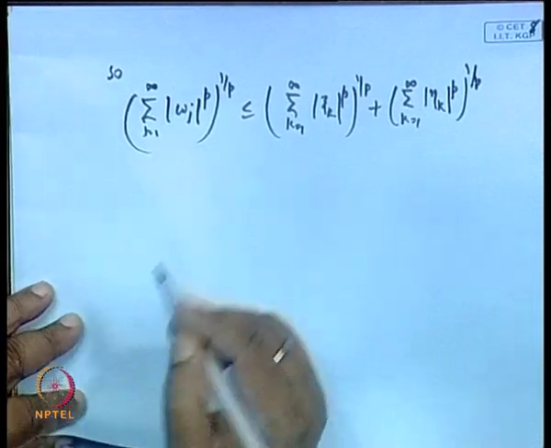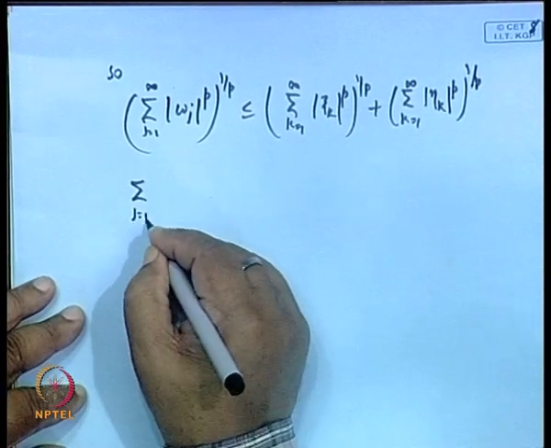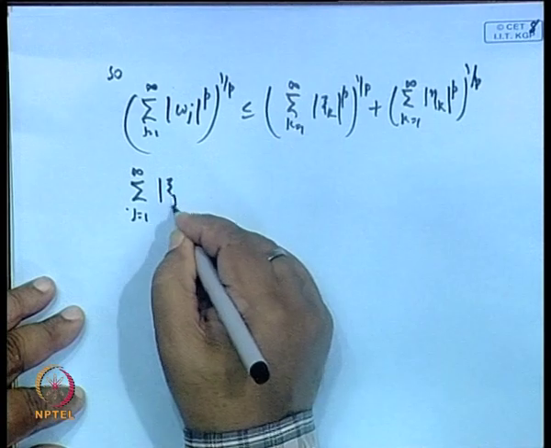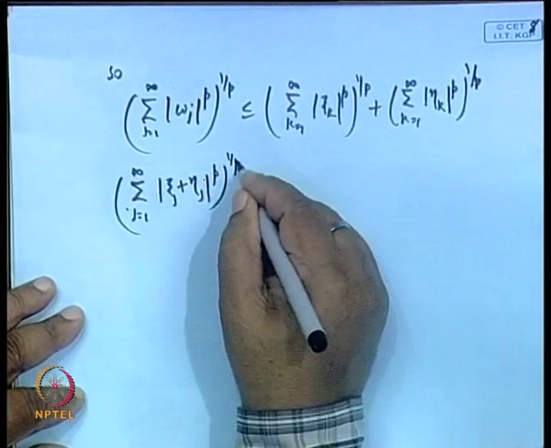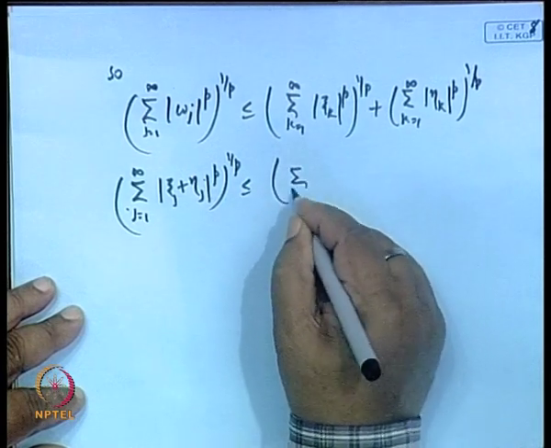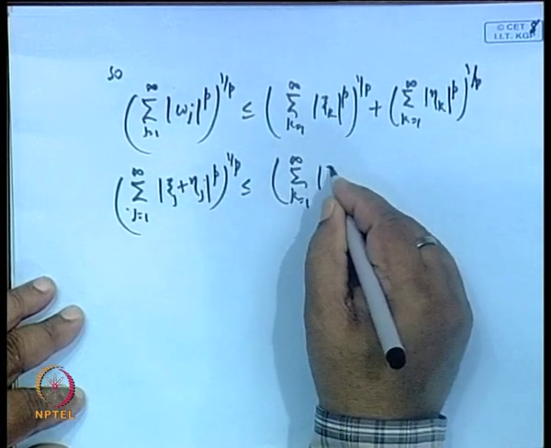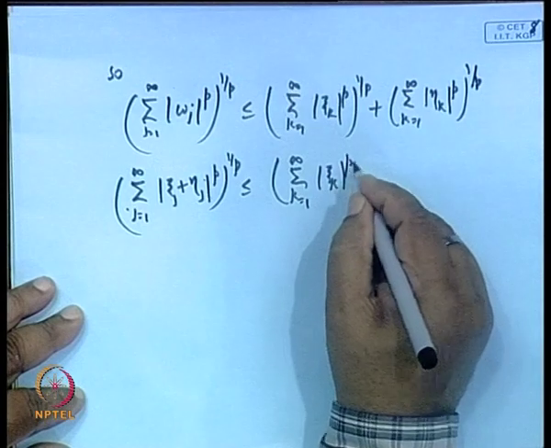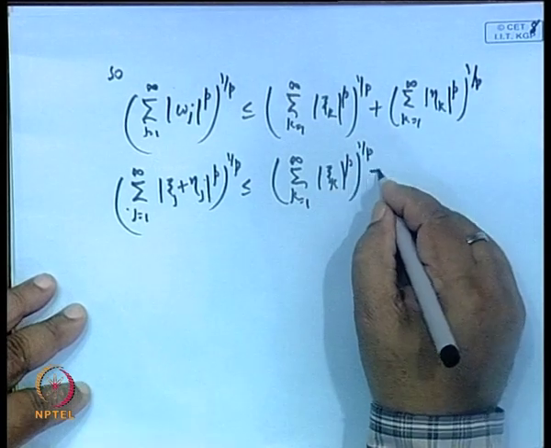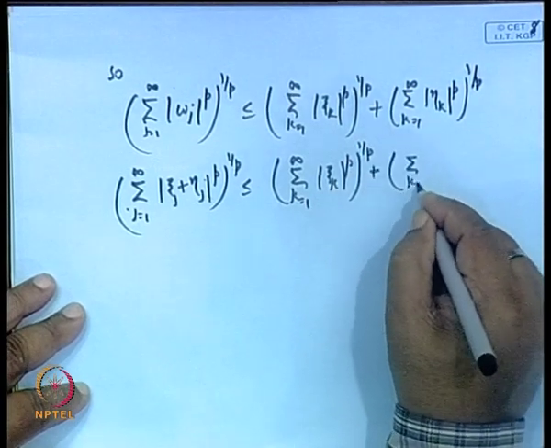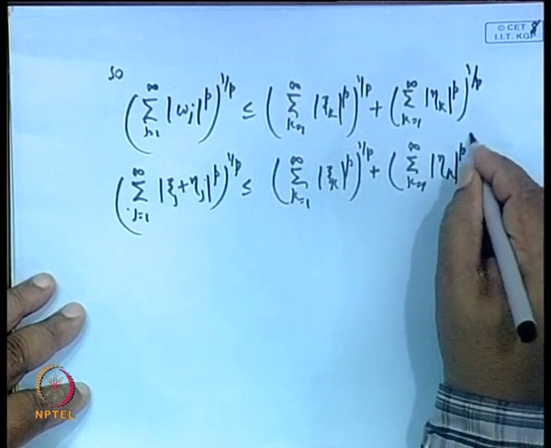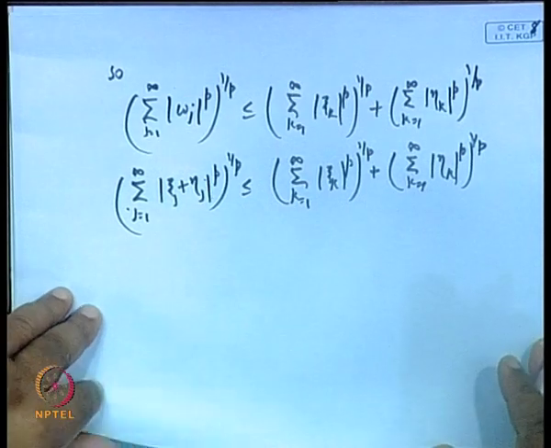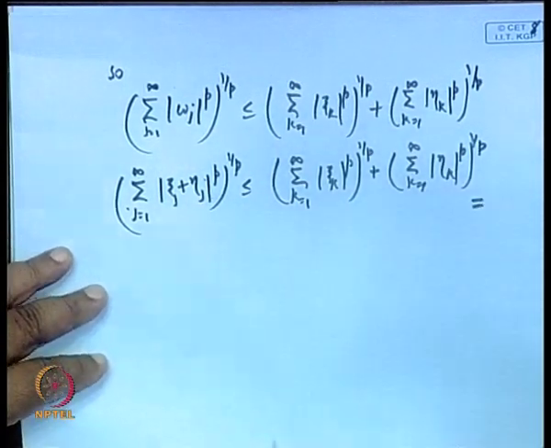So, we get the inequality: the sum over j is 1 to infinity of mod xi_j plus eta_j power p power 1 by p is less than or equal to the sum over k is 1 to infinity of mod xi_k power p power 1 by p plus the sum over k is 1 to infinity of mod eta_k power p power 1 by p, and that is nothing but the Minkowski inequality.